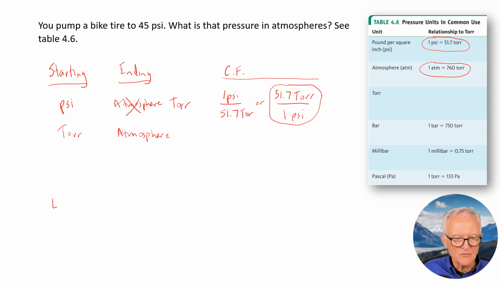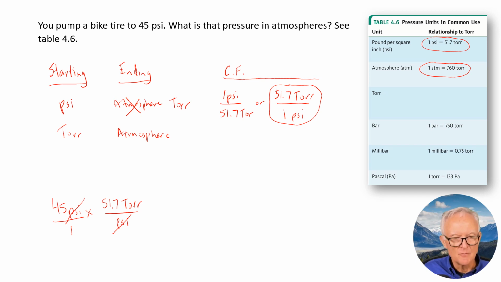So we've got 45 psi times 51.7 torr per psi. So we've set this up correctly because psi will cancel, especially if we specify that that's 45 psi over 1, which we can always do.